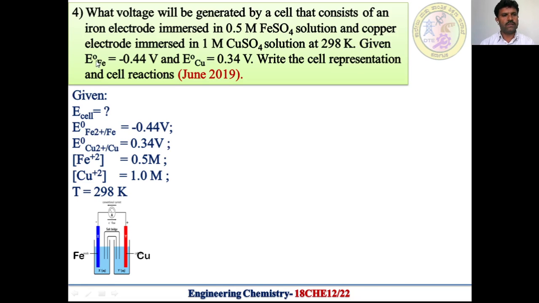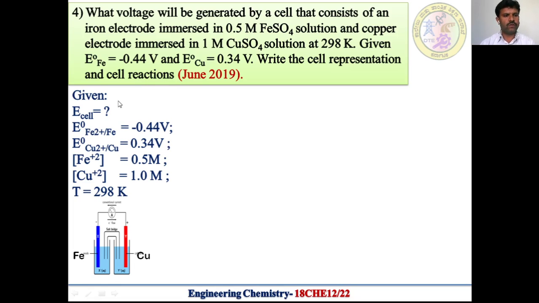Given the standard electrode potential of iron is equal to minus 0.44 volt and the standard electrode potential of copper is equal to 0.34 volt. Write the cell representation and cell reactions.